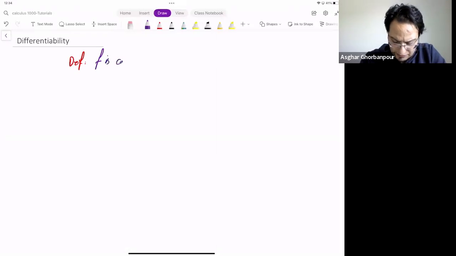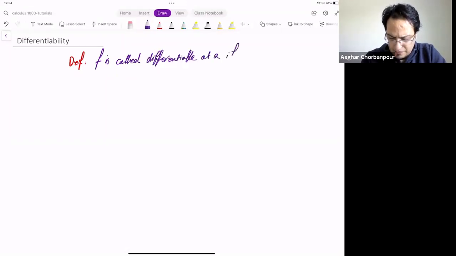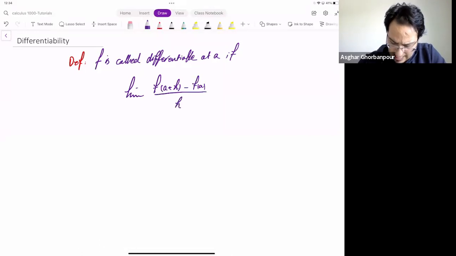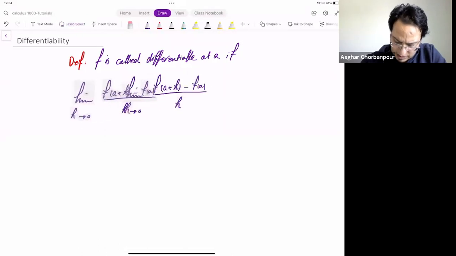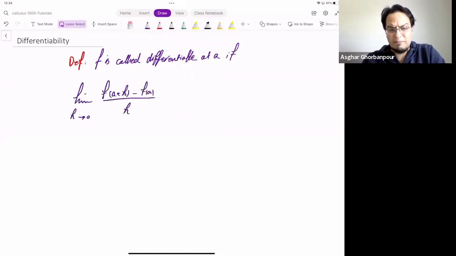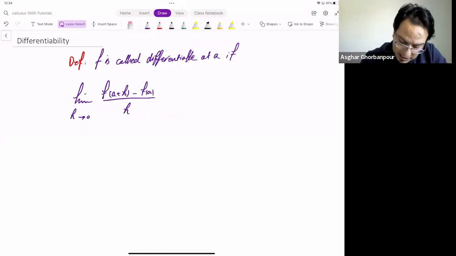Then f is called differentiable at a if this limit exists: the limit of f of a plus h minus f at a over h as h goes to 0. Or equivalently, there is another version, which is basically the same limit after you do some substitution.